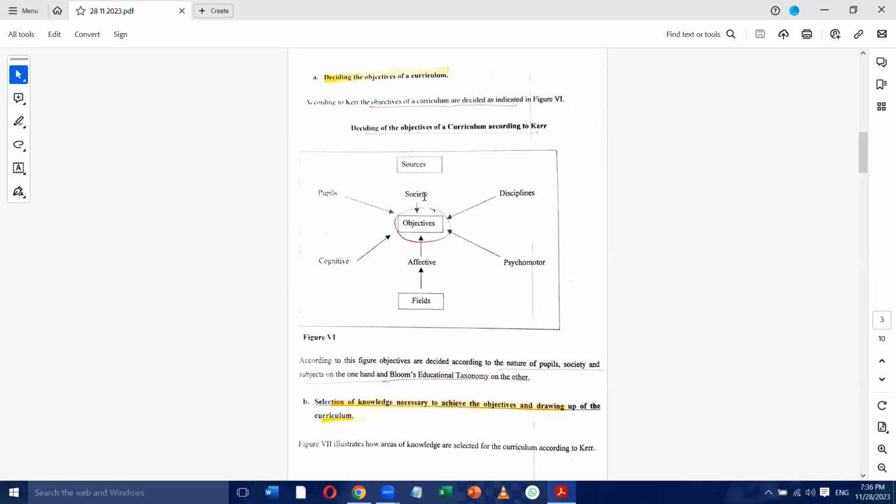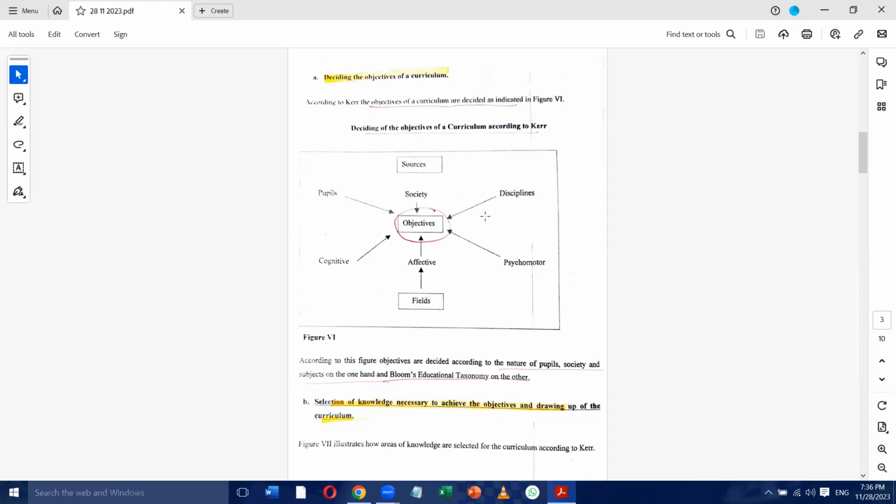Okay, so this is the society. When you form an objective, you should think about the society, because of where the student or the school is. What is the society expecting from the school? What are the outputs that are directly or indirectly going to affect the society?